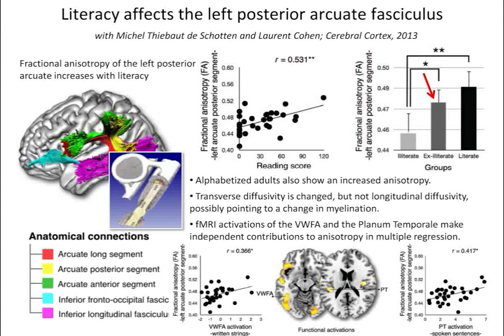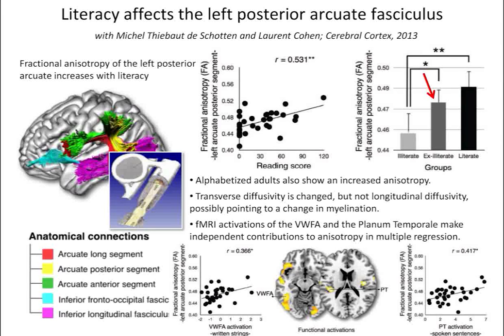This work was done by Michel Thiebaut de Schotten, who is a specialist of diffusion imaging and tracking. You can see some of these fiber tracks that we were able to extract, long-distance fiber tracks that have different names. We analyzed them for their inner organization with a parameter called anisotropy. And what we found was that one of these pathways, the yellow pathway, was being modified in correlation with reading score.